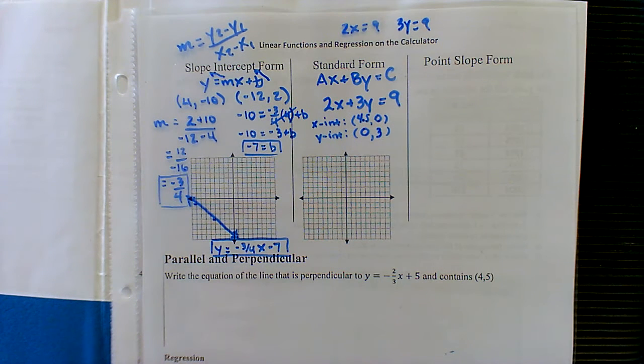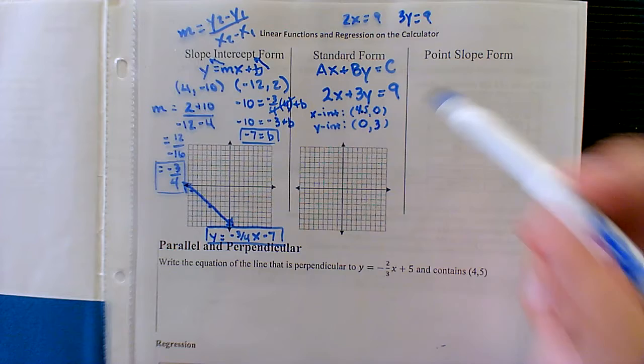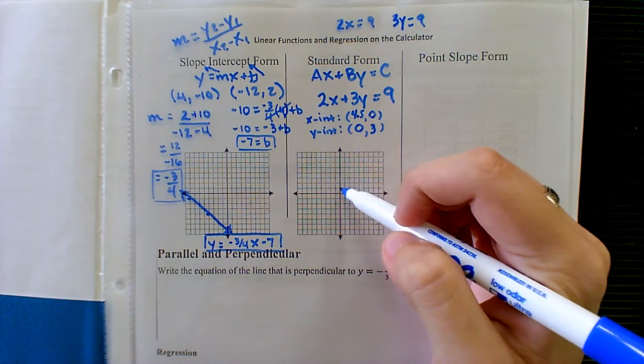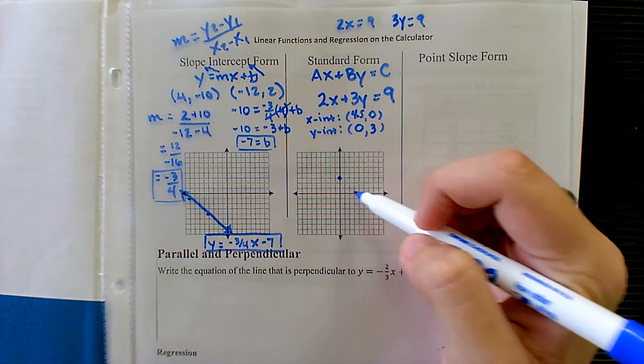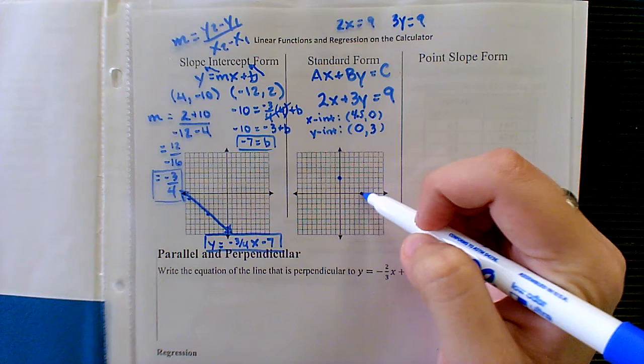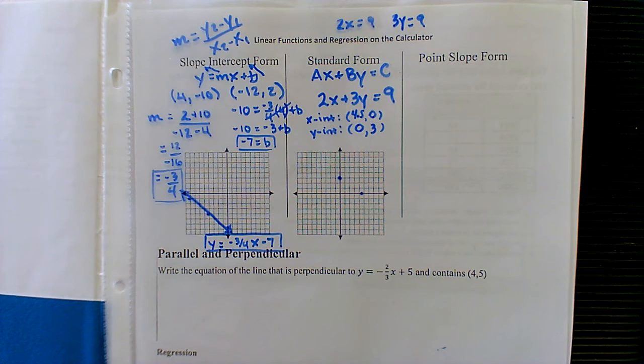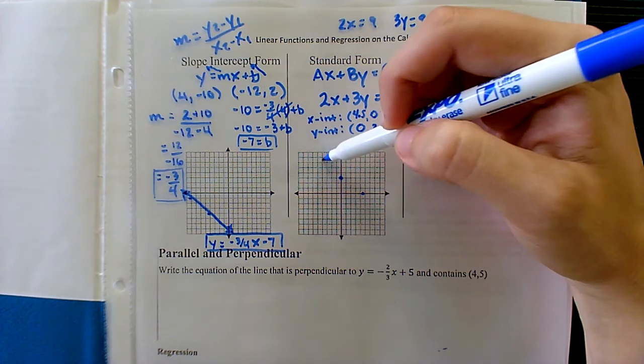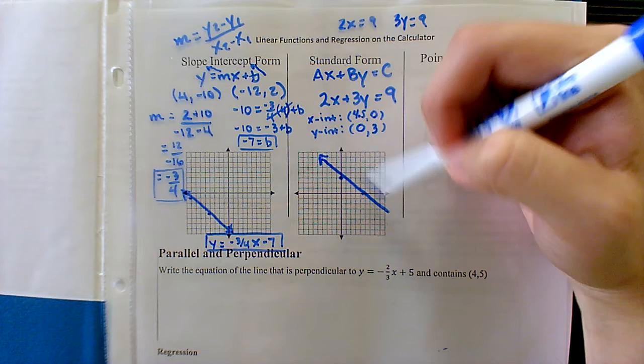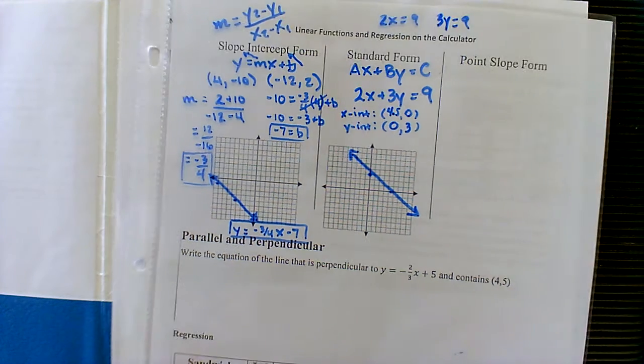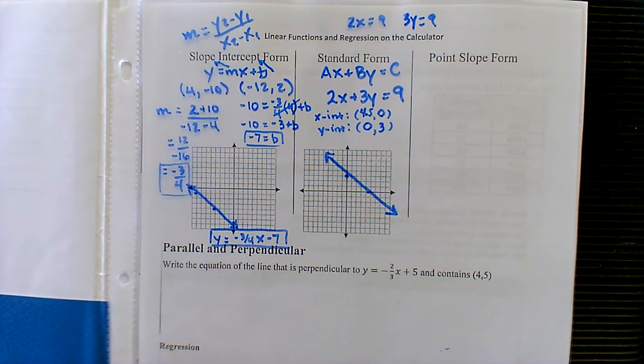So now that we have 2 points, specifically the 2 intercept points, we can plot those. And then connect those 2 intercepts with our linear graph. That one's kind of my favorite because plugging in zeros is easy.